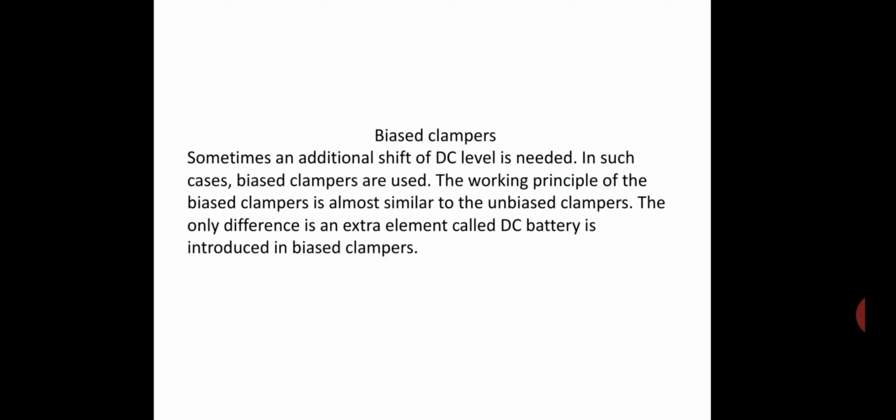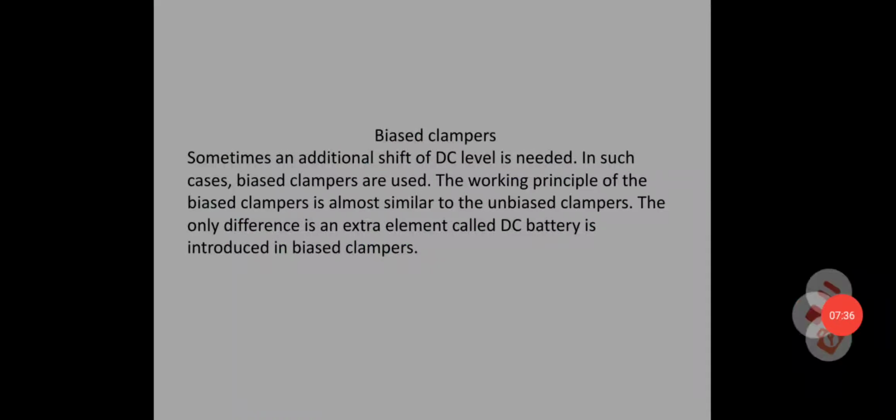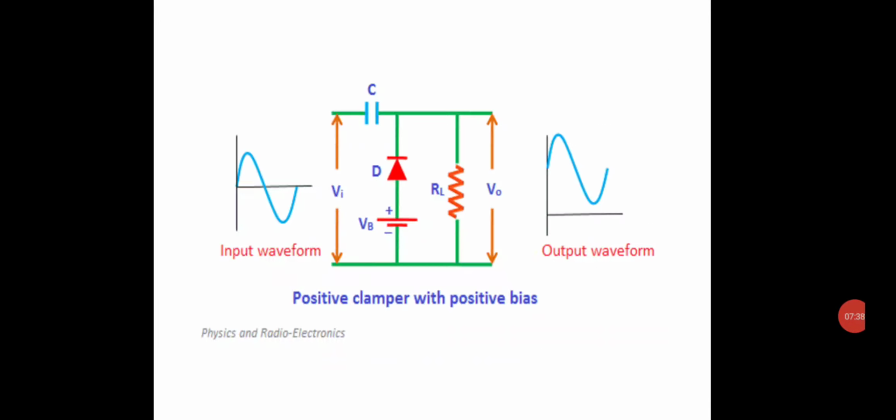The only difference is an extra element, a DC battery, introduced in the biased clamper. A diode connected with a battery is called biased.